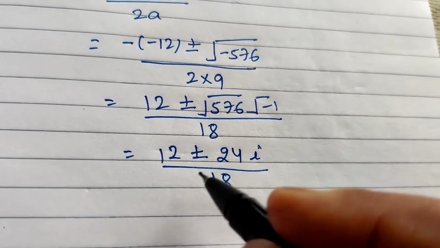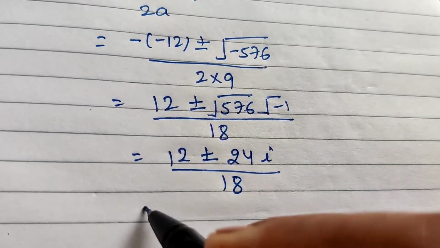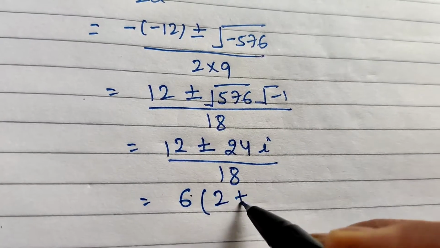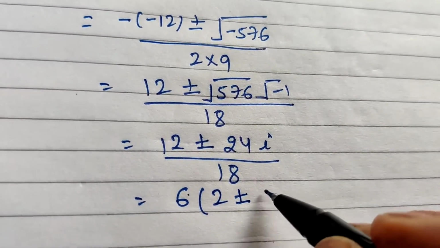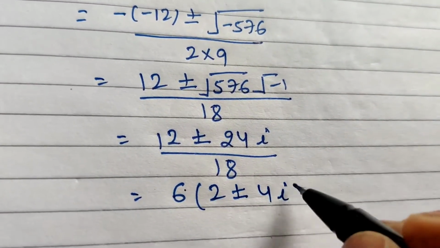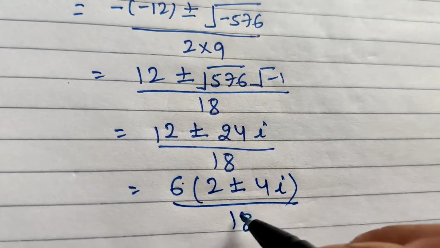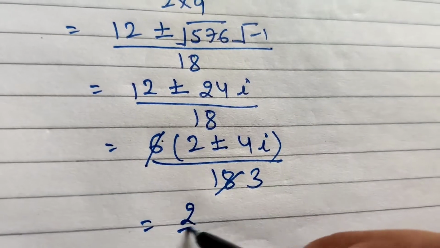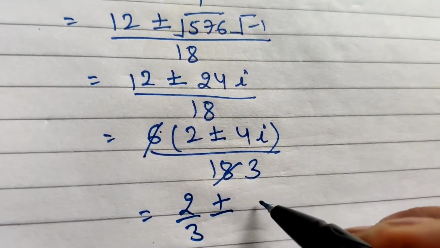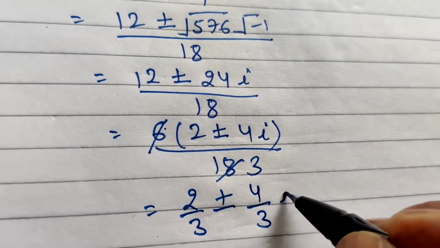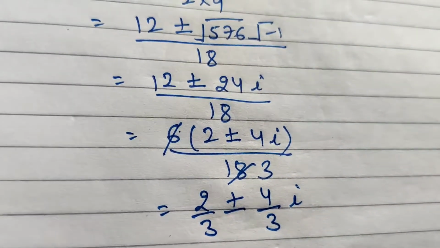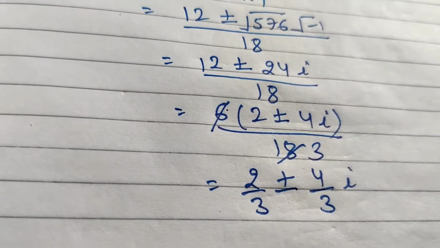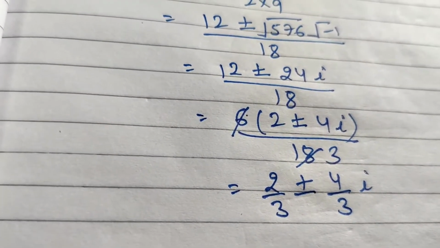Now take common 6. It is equal to 2 by 3 plus minus 4 by 3i. This is the solution of the equation 3x square minus 4x plus 20 by 3 equal to 0.